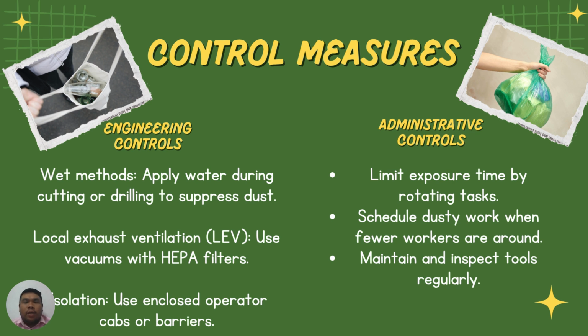Schedule the dusty work, and do maintenance and inspect the tools regularly, monthly or weekly. Good work planning reduces the time and number of people exposed while doing the job.